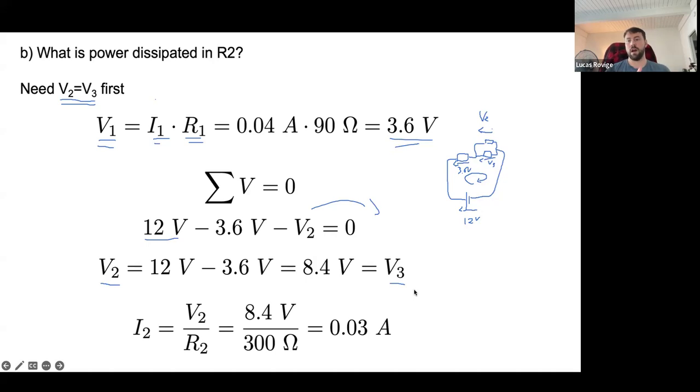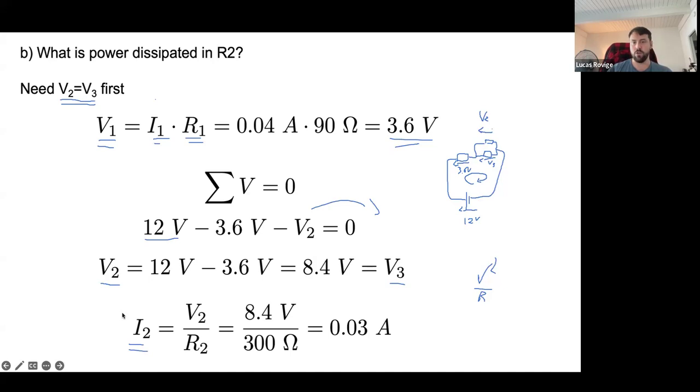Okay, so we are almost done, because now that we have the potential drop, we can get the power dissipated using V squared over R, but we want to be done and completely characterize the circuit. So let's also get the current flowing through those two lanes of the junction.